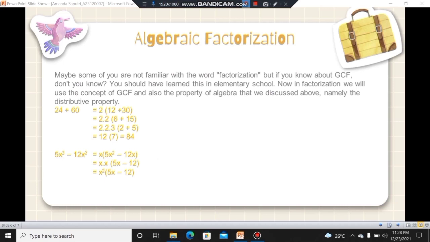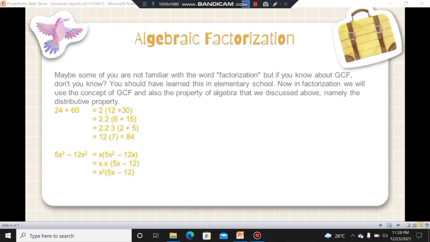For example, 24 plus 60. First, we factor out 2 from the numbers 24 and 60 to get 12 plus 30.